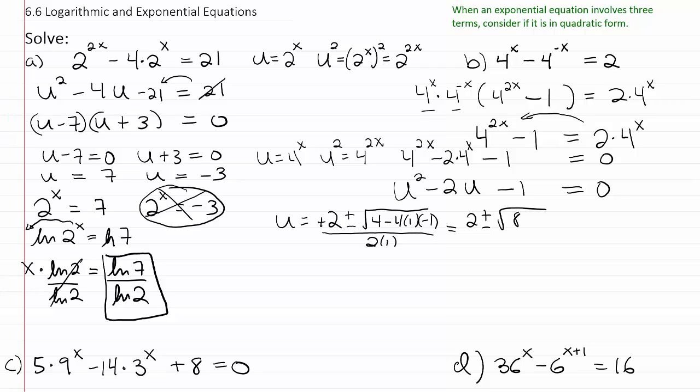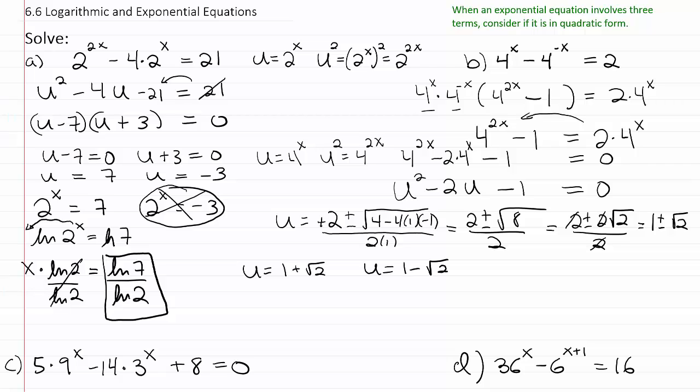That'd be 8 over 2. And this will end up being 2 plus or minus 2 square roots of 2, because 8 is 2 times 4. The 4 comes out as a 2 over 2. Then you can cancel out these 2's to end up having 1 plus or minus the square root of 2 as your answer. So that means that we actually have two answers for u. We have that u is equal to 1 plus the square root of 2, and that u is equal to 1 minus the square root of 2.